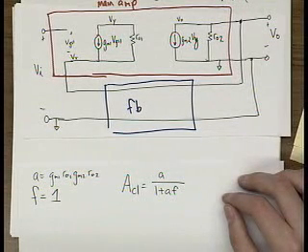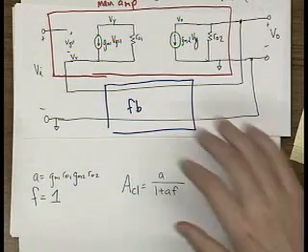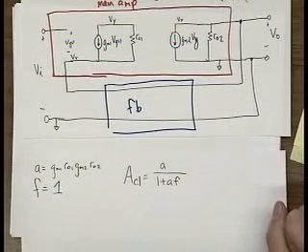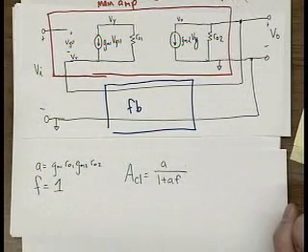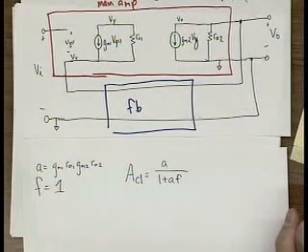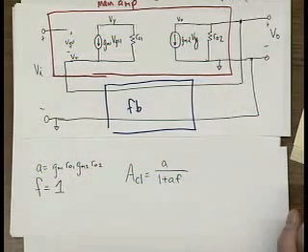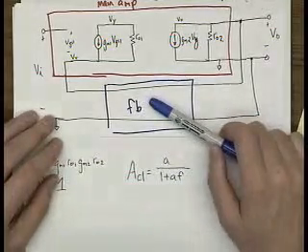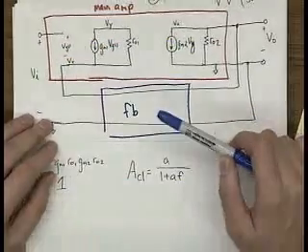Why is A GM1 RO1 GM2 RO2? I thought one of them is a voltage source. Okay, very good question. This is actually something I glossed over: when you break the loop to figure out what A is, you've got this feedback network here, and you need to figure out what to do with it.